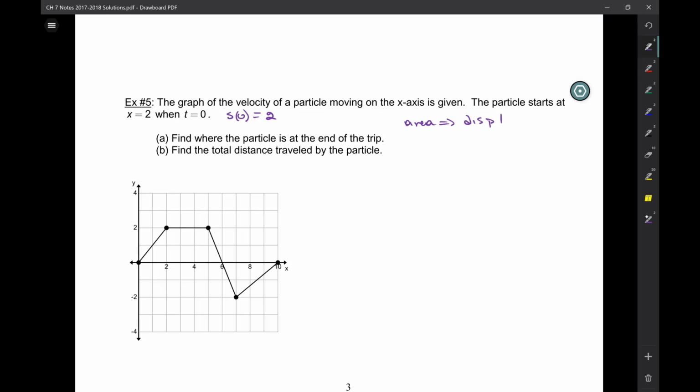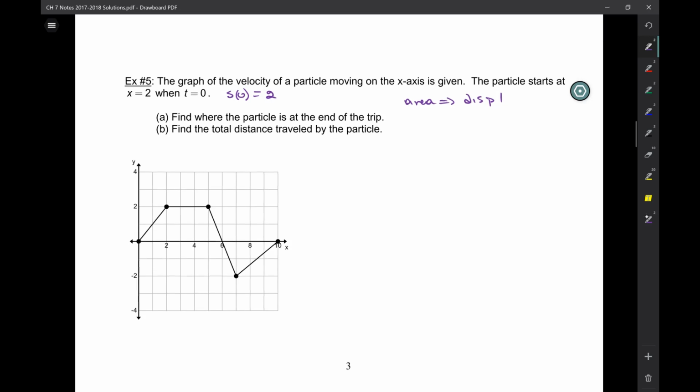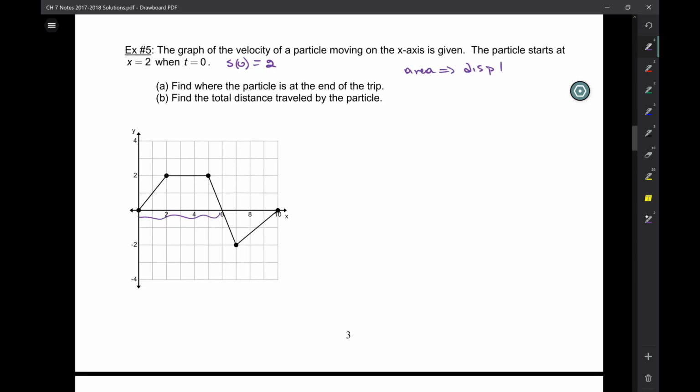So now let's talk about what the displacement was. Okay, so we're going to find the area here. Right? What shape is that? That's a trapezoid. What's the height of the trapezoid? 2. The base 1 is 3, base 2 is 6. So that area here, we'll call that region 1.